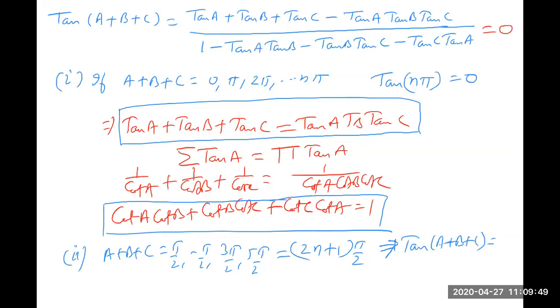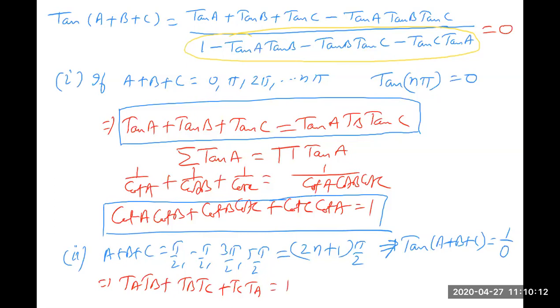Infinity. Infinity means something divided by 0. So in this case, this denominator must be equal to 0. So this will give you the result that tan A tan B plus tan B tan C plus tan C tan A is equal to 1.